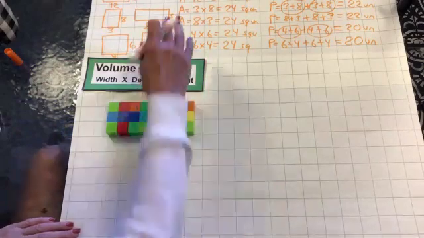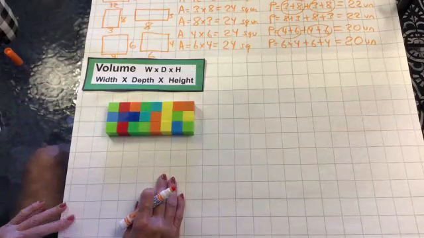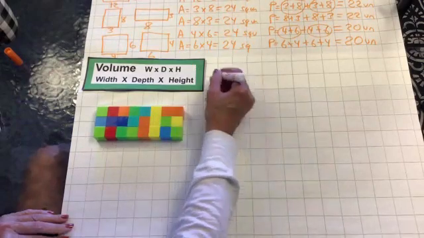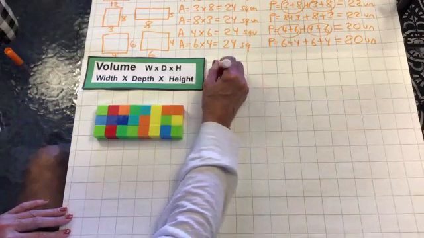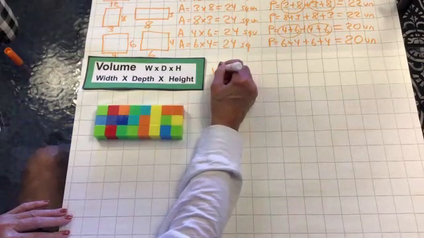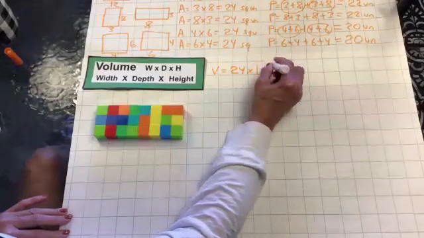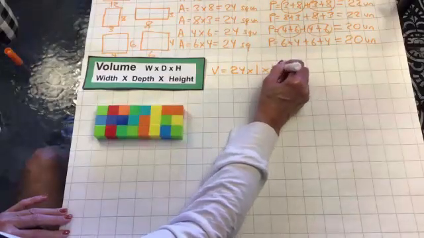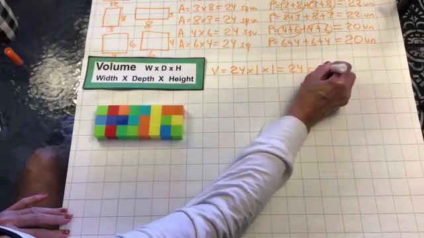So we can do all of these that we did at the top and add in another dimension. So let's see how we do. Volume. There's so many ways to do it. So let's do volume. First, we're going to do 24 by 1 by 1 equals 24 cubic units.